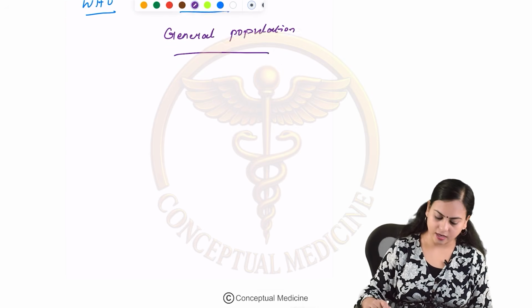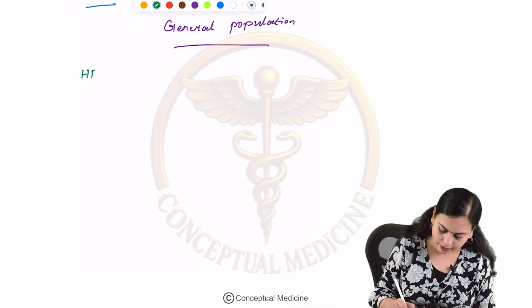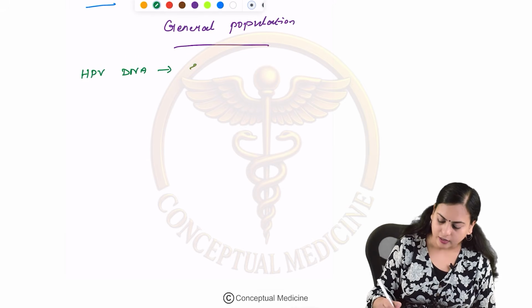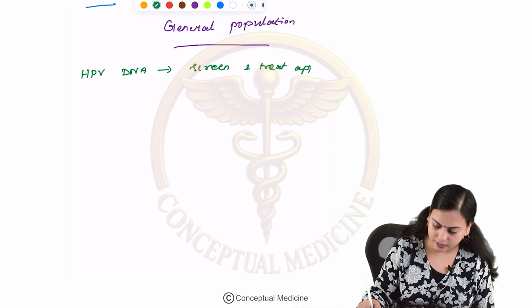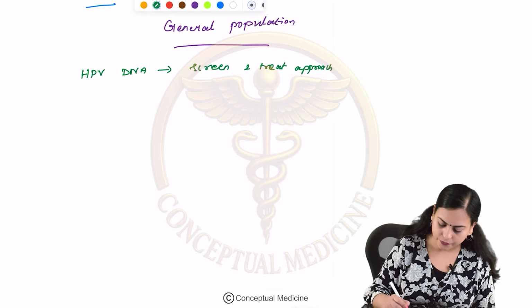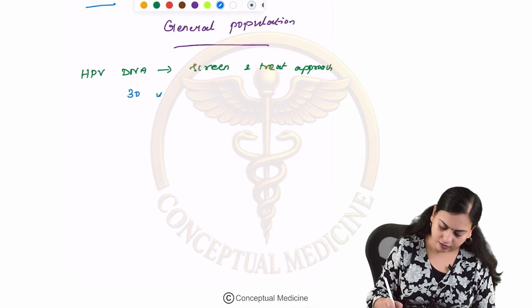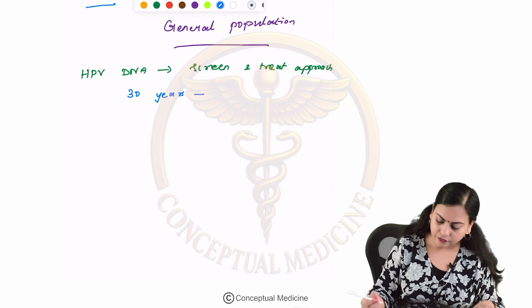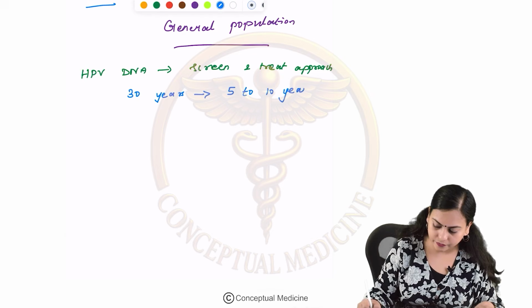Now for the general population, we can do HPV DNA detection in a screen and treat approach, as we have seen in the previous video, and this will be started at the age of 30 years with regular screening done once in 5 to 10 years.